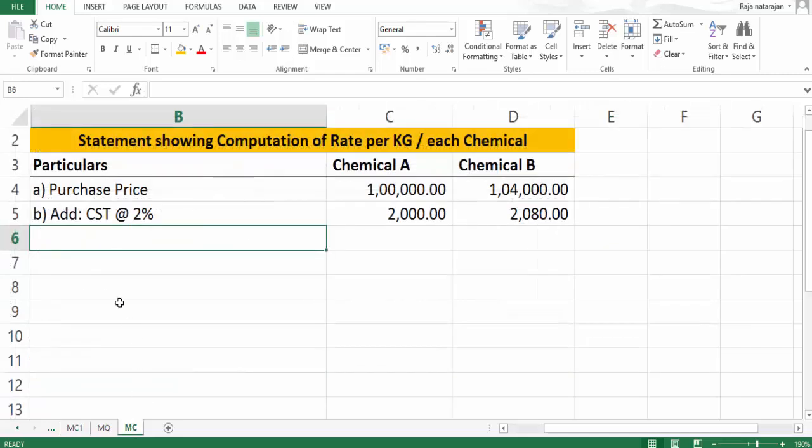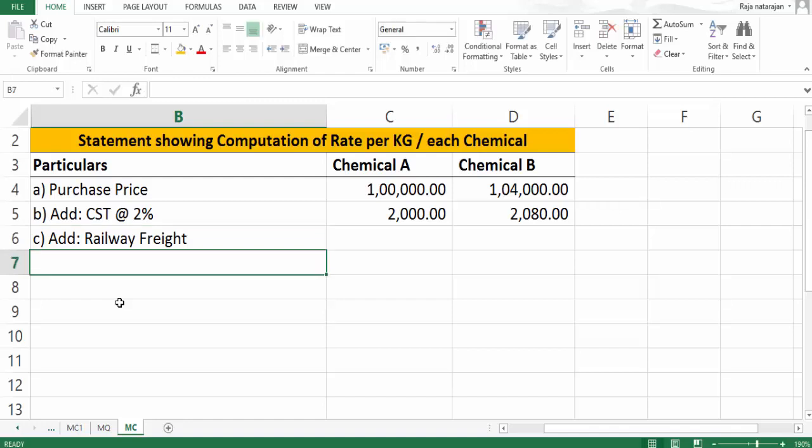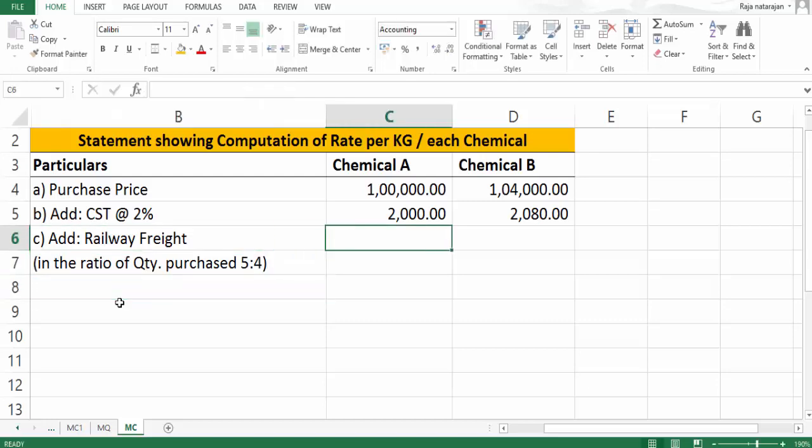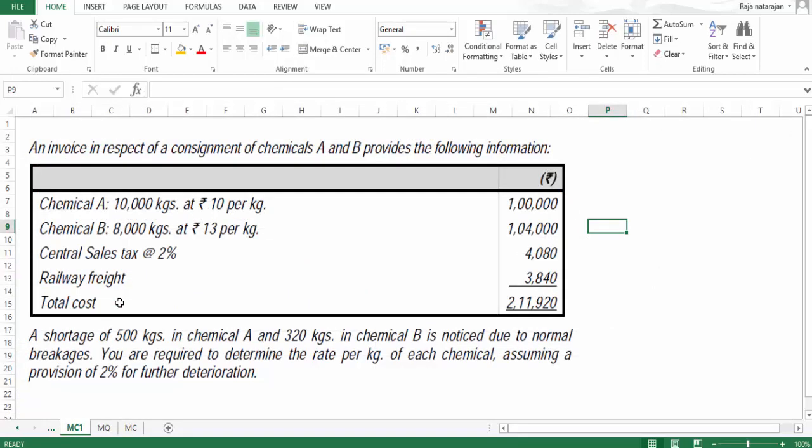Here I'll write item number C, add railway freight. I can give the narration saying in the ratio of quantity purchased, which is 10:8, or as 5:4. The total railway freight is 3,840, and the ratio we are adopting is 5:4, so 5 plus 4 is 9.